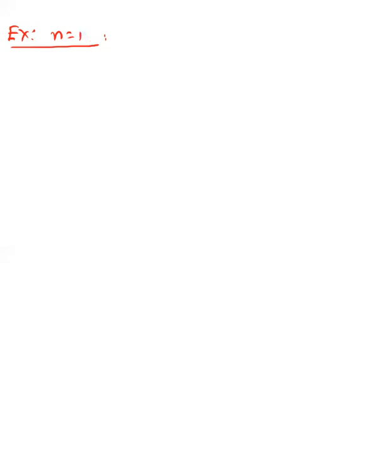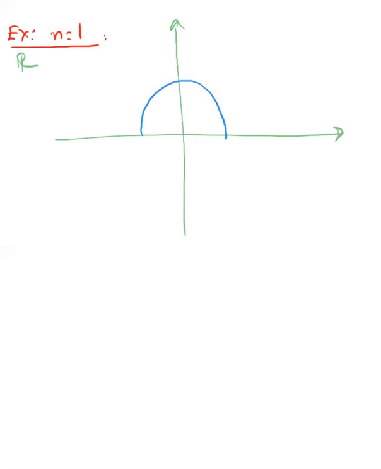If n is equal to 1, let's take the field R. Then the projective space is this one, where the antipodal points are identified. For example, this point is the same as that point.